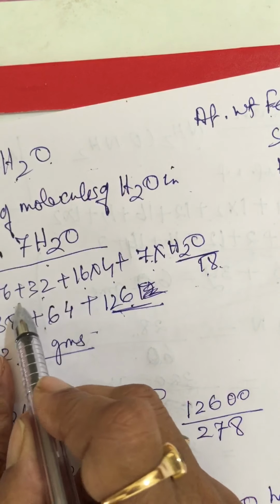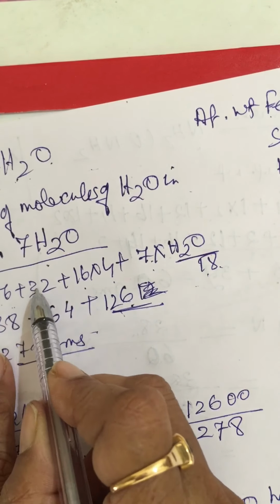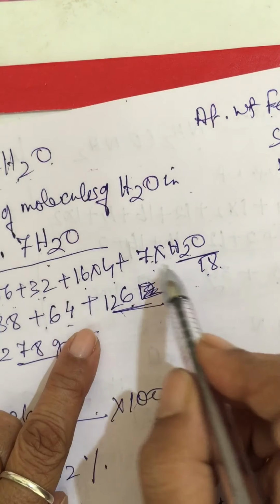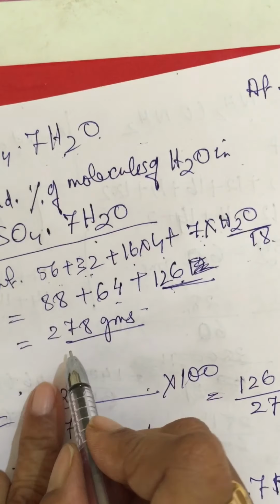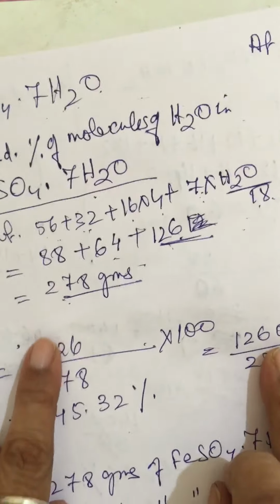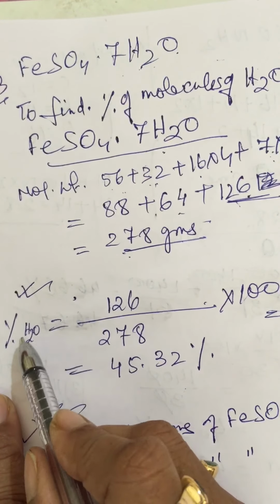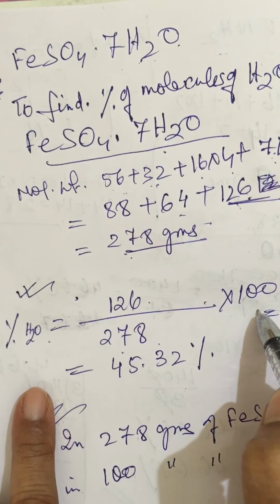So here 56 plus 32 will be 88. 50, 60, 70, 80, 88, and 16 into 4 is 64, plus 7 into 18 is 126. So you add up, 278. Now, as usual, if you put the formula in this way, percentage of water is 126 by 278 into 100.